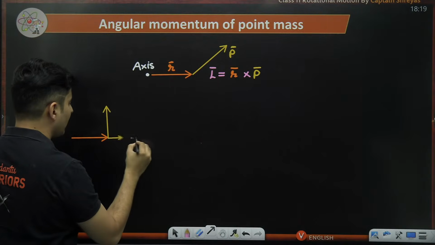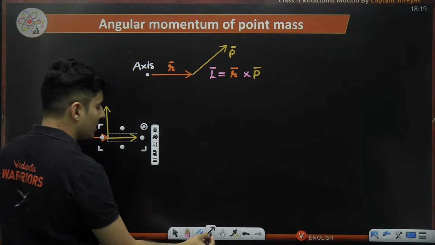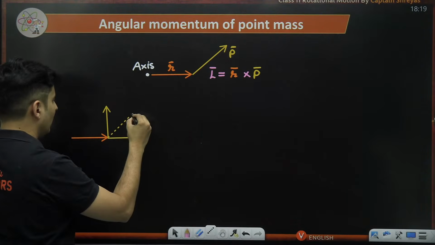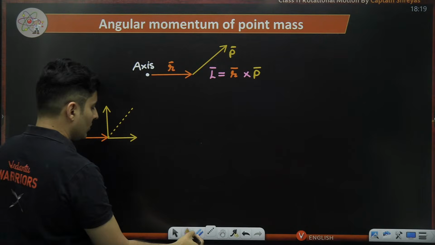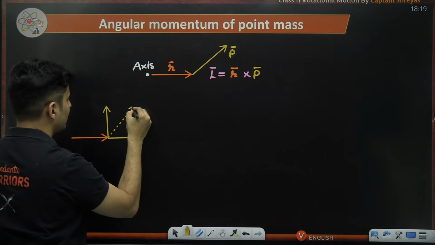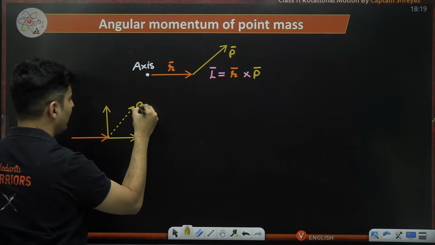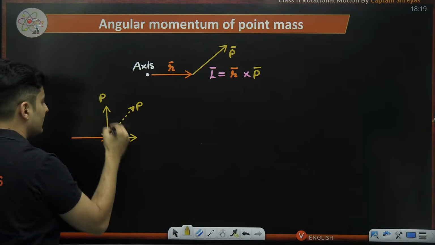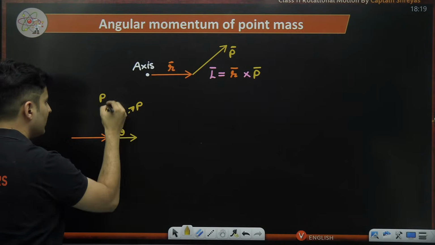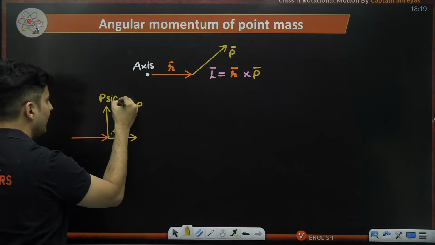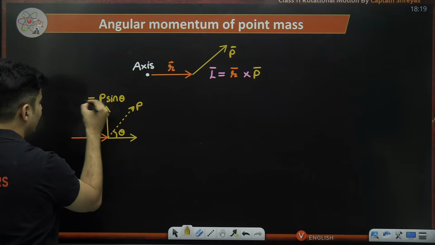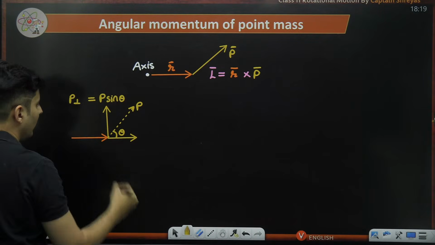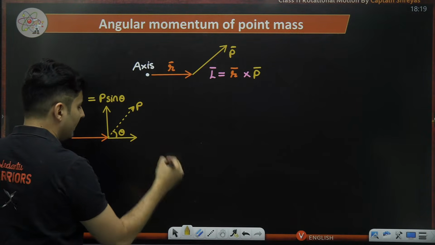One is perpendicular, one is along that position vector. So it looks something like this. So this was your original momentum vector. This is theta. So this is P sine theta. This P sine theta means it is perpendicular. This is parallel component.